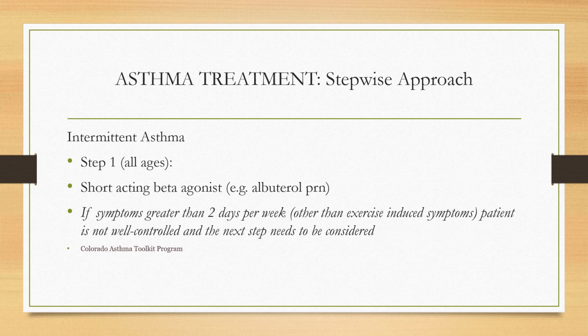So rather than go to the doctor or the emergency room, you should step up your treatment with the knowledge that the doctor knows what you're doing. If you are diagnosed with intermittent asthma, you typically take an albuterol PRN, but now you're having symptoms greater than 2 days a week. The next step is to step it up to step 2. This is step 1 right here for intermittent asthma, but if you have a flare-up, you have to go to step 2, and I'll show you step 2.